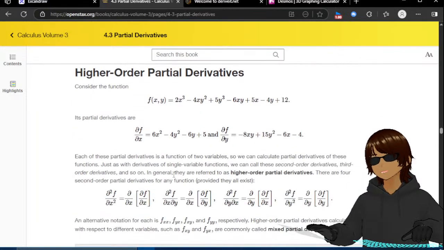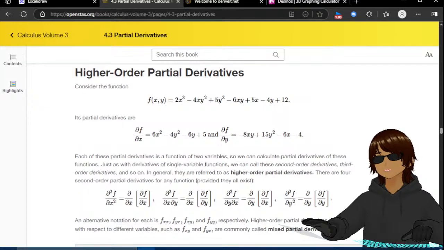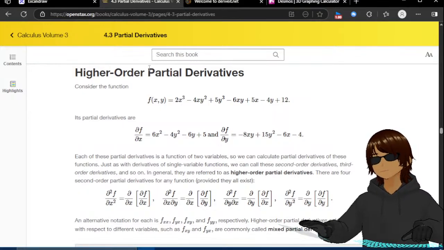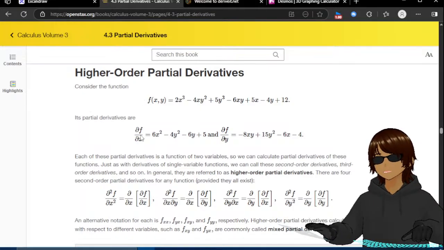Higher order partial derivatives. Consider the function f of x, y. Its partial derivatives are partial of f with respect to x, partial of f with respect to y.